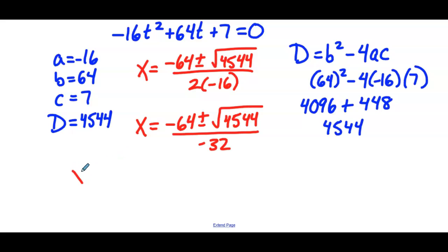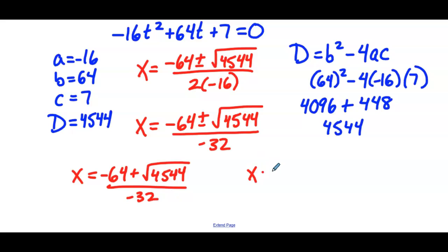So we'll split this into the two solutions. So x equals negative 64 plus the square root of 4,544 over negative 32, as well as x equals negative 64 minus the square root of 4,544 over negative 32.